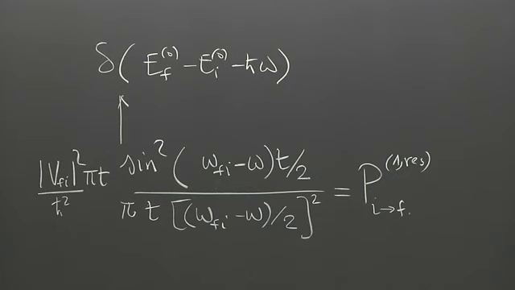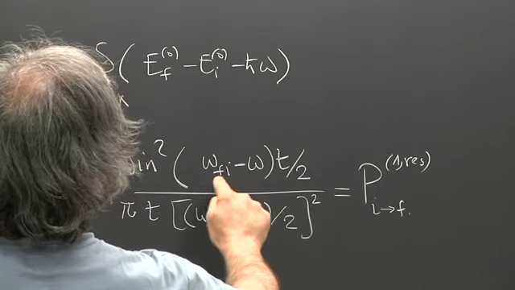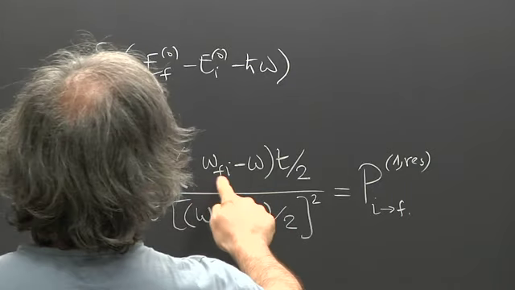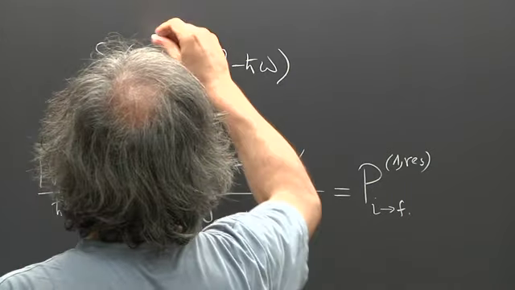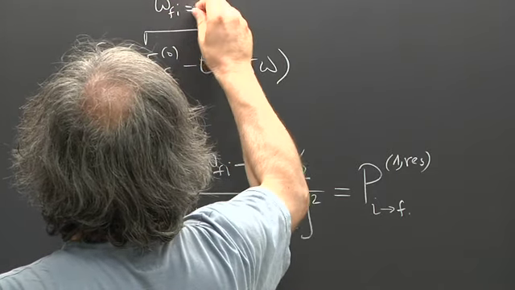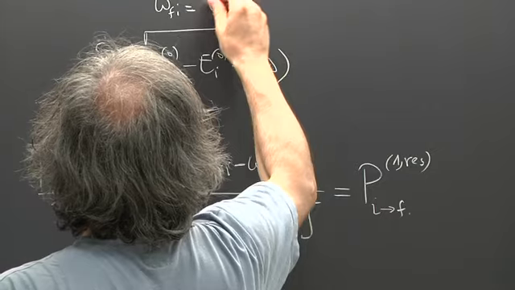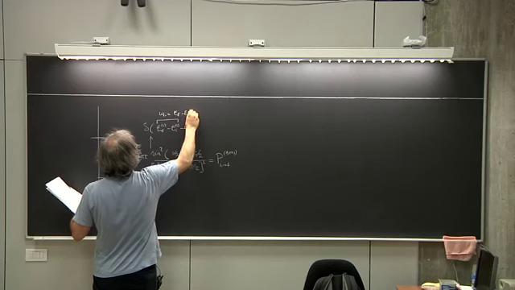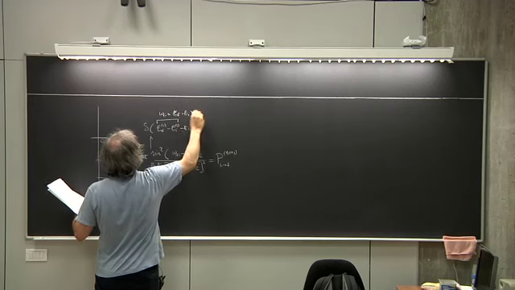Okay? Now you see that this is not zero, even if this doesn't exactly match omega_fi. Omega_fi, by the way, is this quantity divided by h bar, okay?